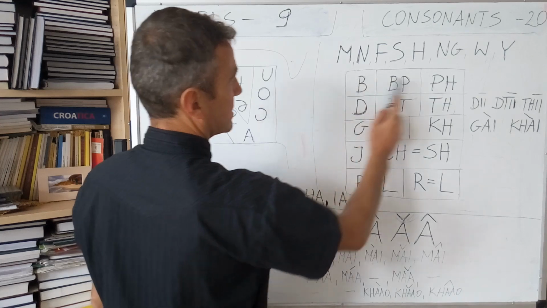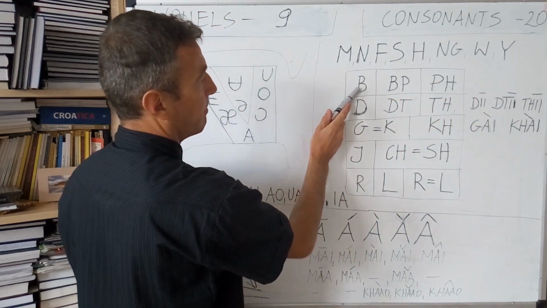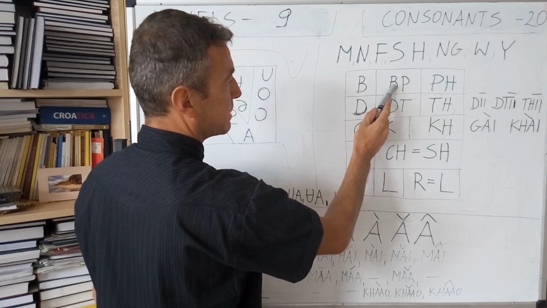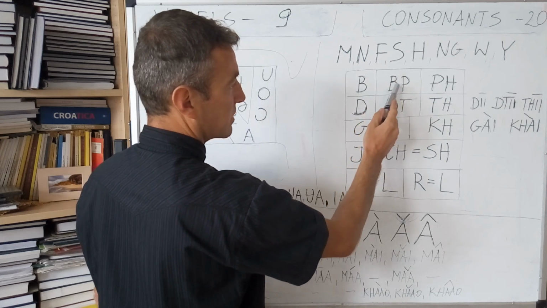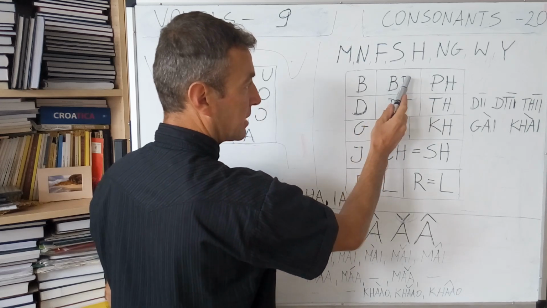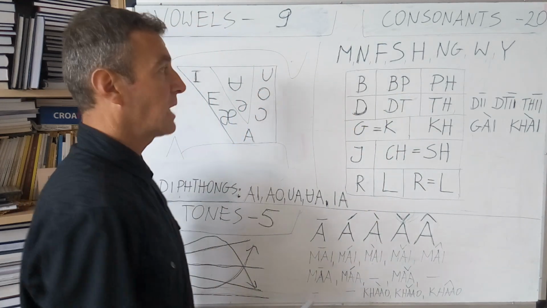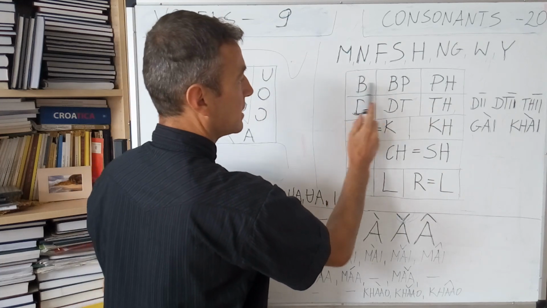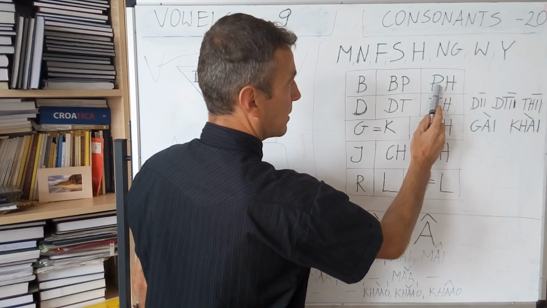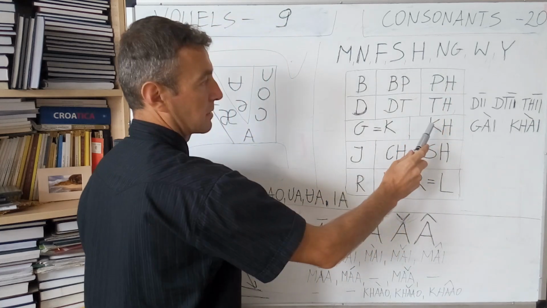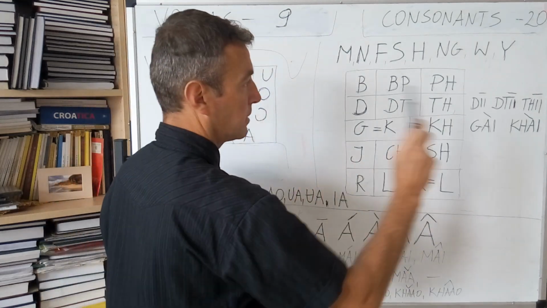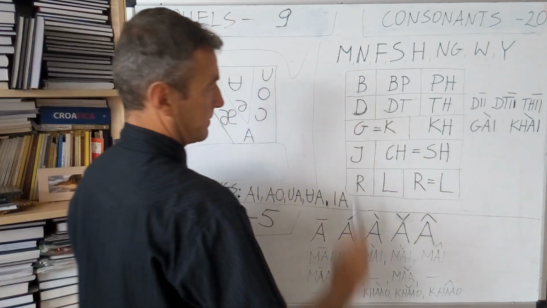So we have one sequence. B, then we have P. So this sound is a mixture of b and p. It's as if b and p pronounced at the same time. So b and p. Then aspirated p, p, all right, p, or p, well.